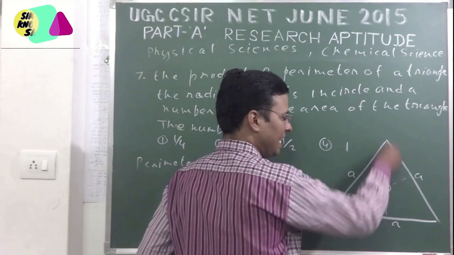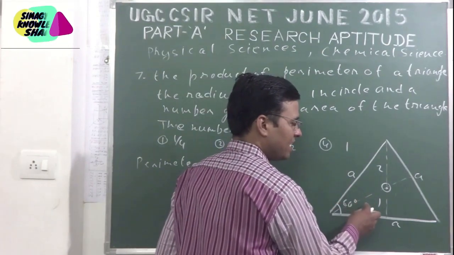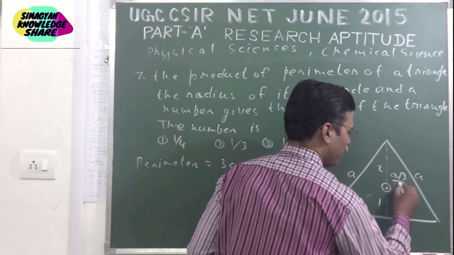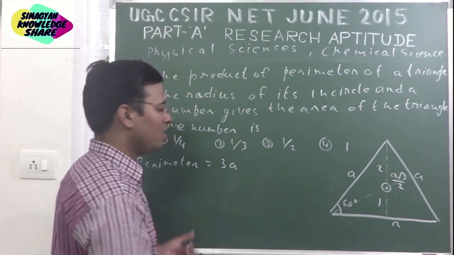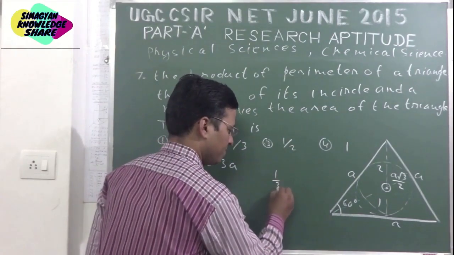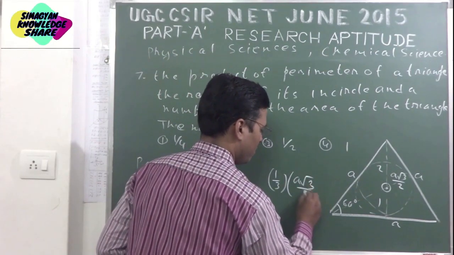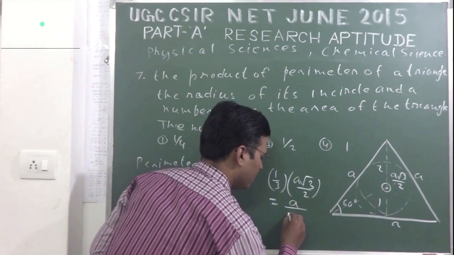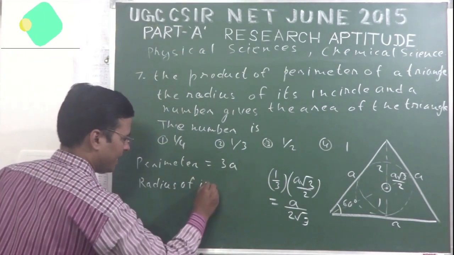So the length of this median would be a sin 60 degrees, that is a root 3 by 2. The length of the radius of the incircle would be 1/3 of the total length of the median, that is a root 3 by 2, so it would be a divided by 2 root 3. This is the radius of the incircle.